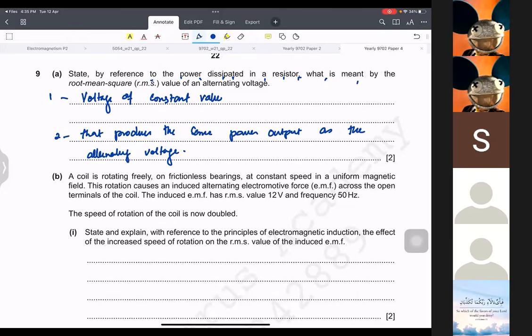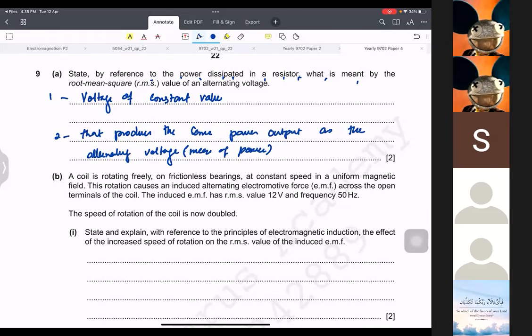That this produces the same power output as the mean power of alternating voltage. सर हम वही लिख सकते हैं, मतलब पहले स्क्वायर करते हैं बाद में उसकी एवरेज निकालते हैं फिर वो एक्चुअली मेथड है, वो मेथड है आरएमएस का कैसे करना है, वो नहीं लिख सकते. एंड तो अच्छा डेफिनेशन ये है.